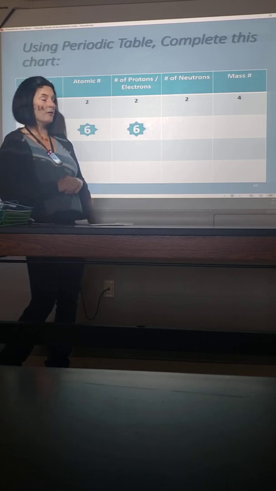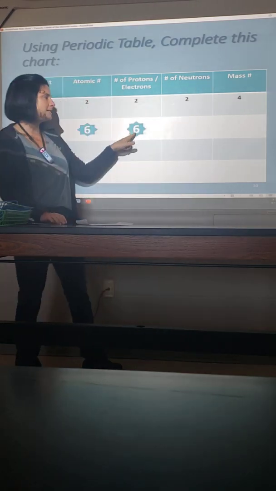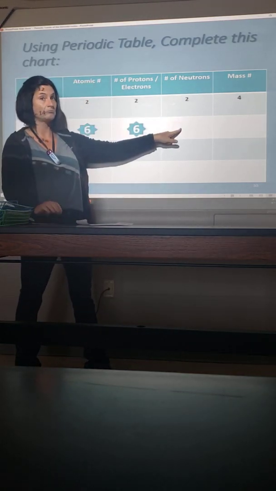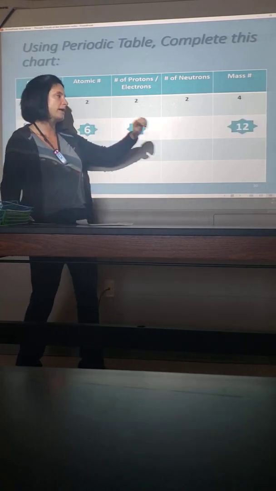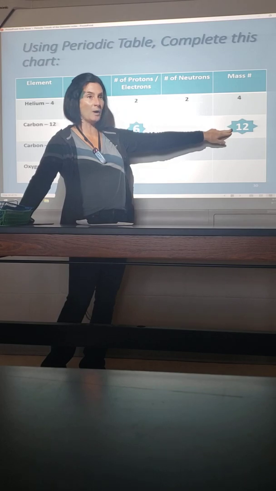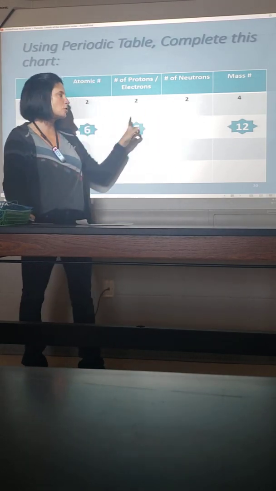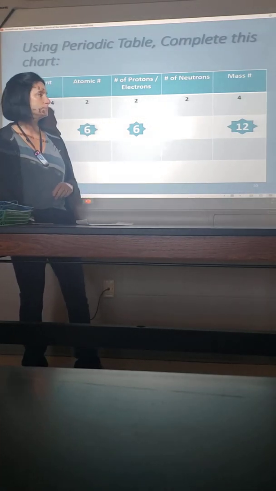It's going to be 12, all right? So if I take 12 minus 6 to get my number of neutrons, it's going to be 6. Our big number is 12, and this is protons and neutrons. So if I subtract my protons from that, I'm left with just 6 neutrons.